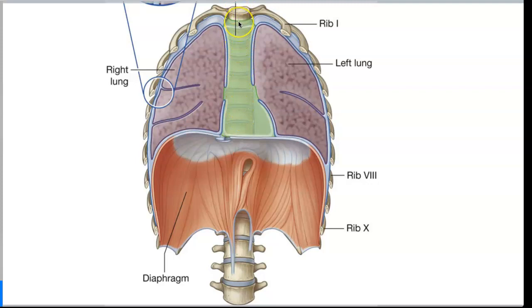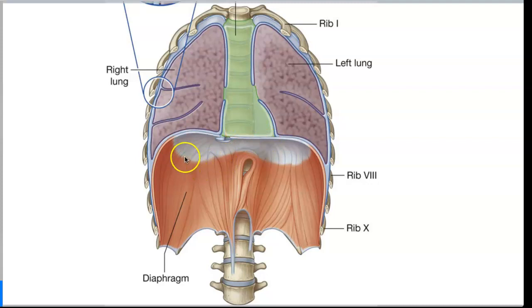But remember, within the mediastinum is going to be the esophagus, the trachea, the great blood vessels of the heart, and of course the pericardial cavity that contains the heart. Notice also that the pleural cavities sit right on top of this diaphragm. The pericardial cavity, which is going to be here, but they don't show it, is sitting right on top of the diaphragm also.